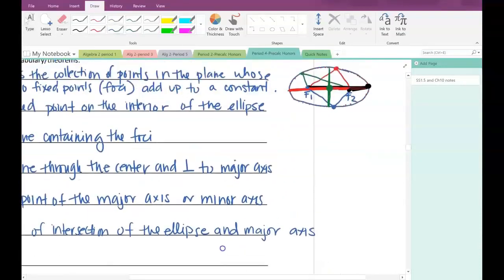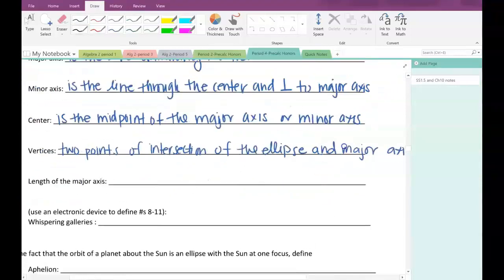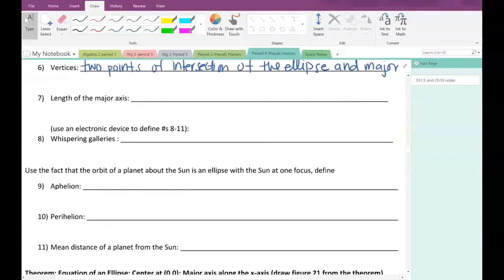The vertices are the two points on the outer part of the ellipse where the major axis is. Those are vertex 1 and vertex 2, together they're called vertices. The length of the major axis is the distance from one vertex to the other vertex.